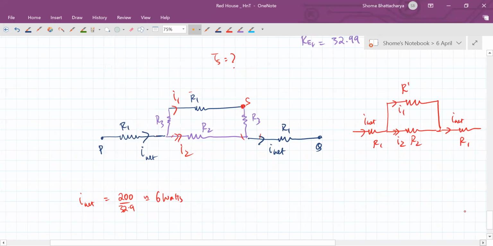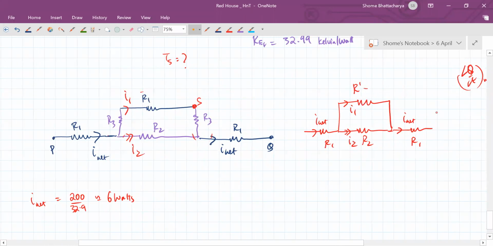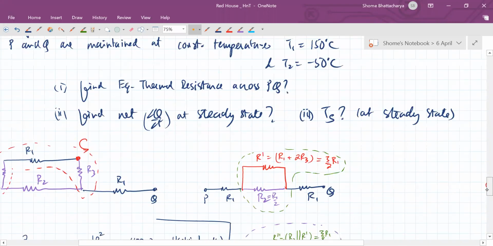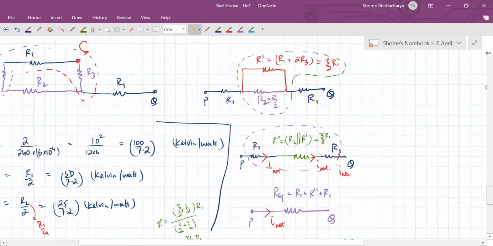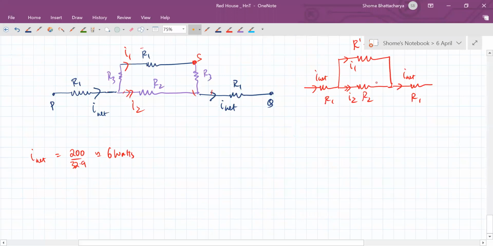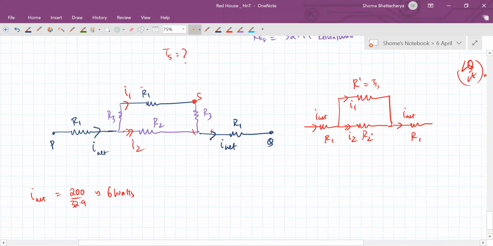So I know that, and I also know that this R prime, this was how much? This was 3 by 2 R1, and this R2 was R1 by 2.